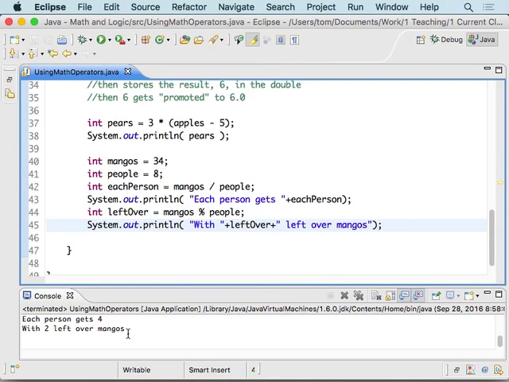Alright, so what this modulus operator is doing is figuring out 34 divided by 8 is whatever it is, and then we have 2 left over. So each person is 4, 34 divided by 8, right? It truncates the leftover stuff, okay?